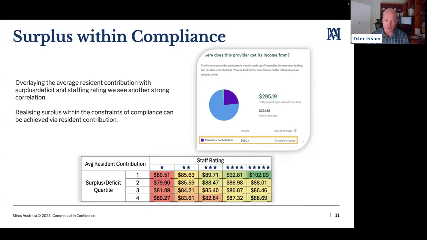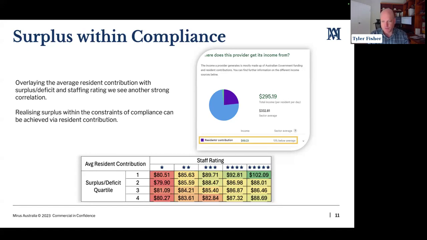But in the center of that table, where we have a huge majority of the industry, it's clear that healthy financial performance within the constraints of compliance is largely a result of resident contribution.